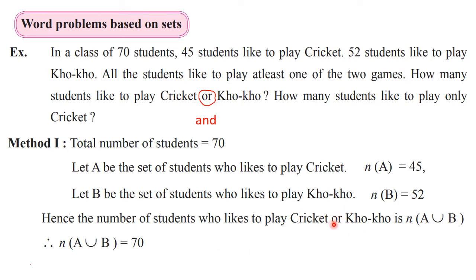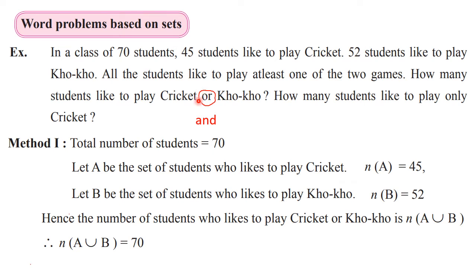When I explained the operations, I told you that for union we use the word OR, and for intersection we use the word AND. So now you can clearly understand that we have to find N of A intersection B first, because we want the number of students who like to play cricket and kho.